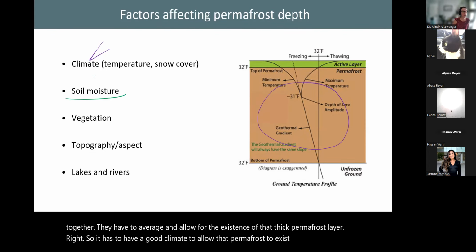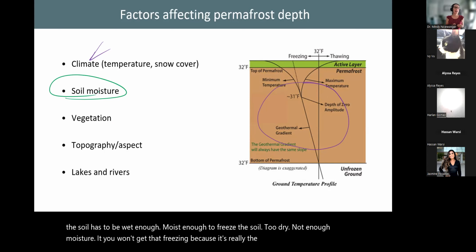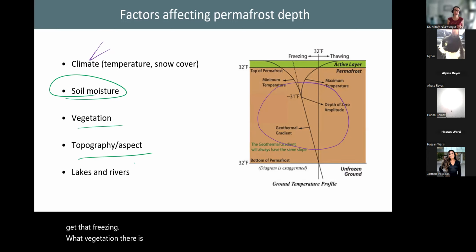The soil moisture, the soil has to be wet enough, moist enough to freeze. The soil's too dry, not enough moisture, you won't get that freezing because it's really the water inside the soil that helps get that freezing. What vegetation there is, topography aspect, are we north slope facing or south slope facing?